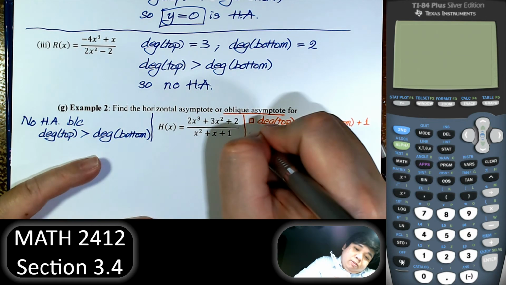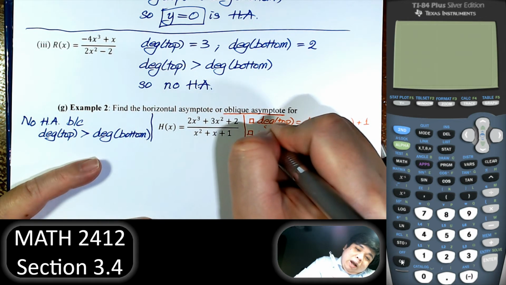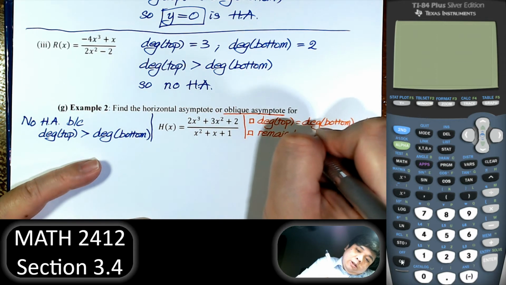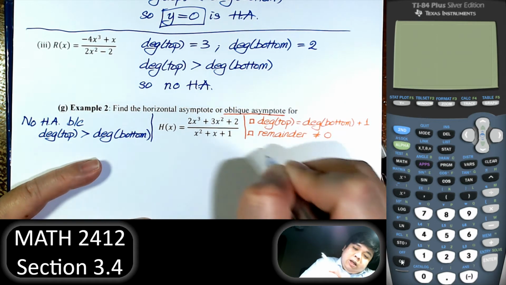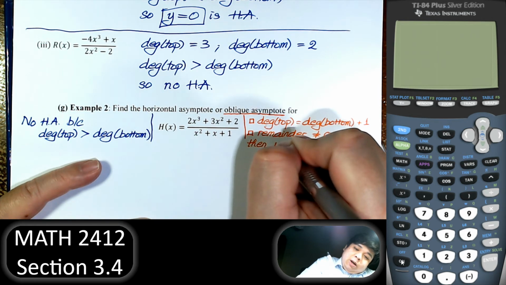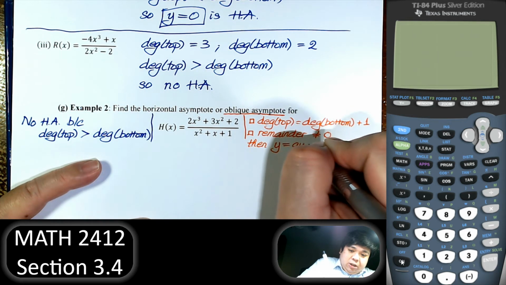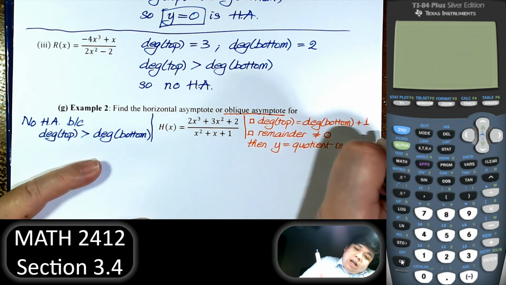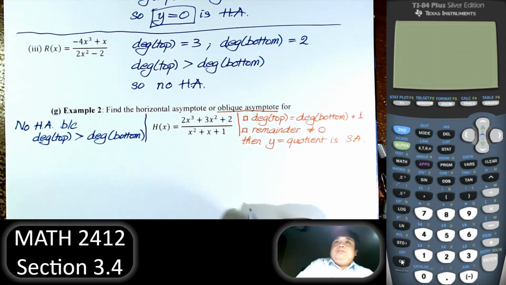And second, the remainder has to be not equal to 0. In that case, y equal to the quotient is the slant asymptote, or the oblique asymptote.